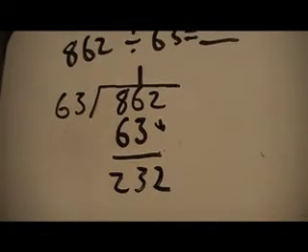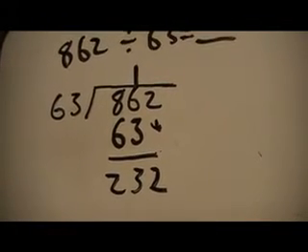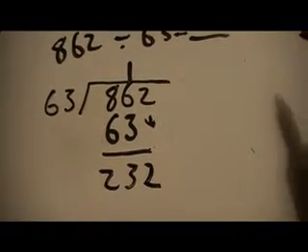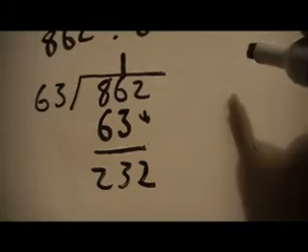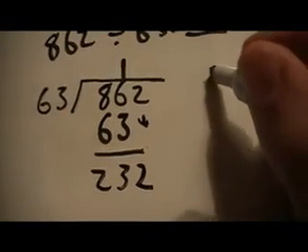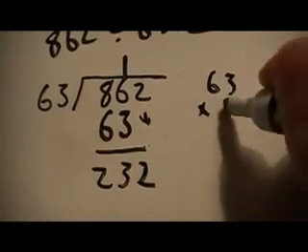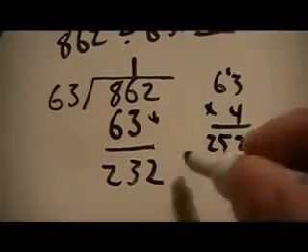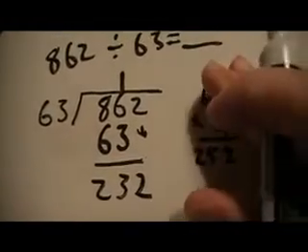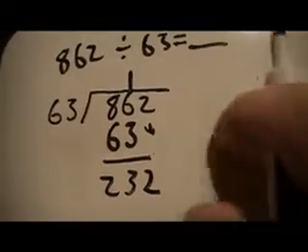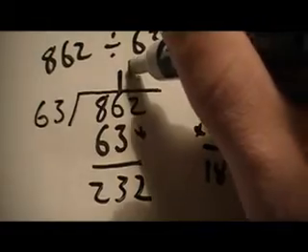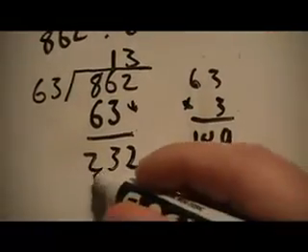Now they're going to have to basically use multiplication anyway, but they might not have a great strategy to do that. If they're familiar with the algorithm for multiplication, which hopefully they are, they might do some quick shortcut methods like, okay, 63 times 4 is 252, that's too big, so it's got to be 63 times 3. 189's got to be it, so it's going to be a 3 here. 189.